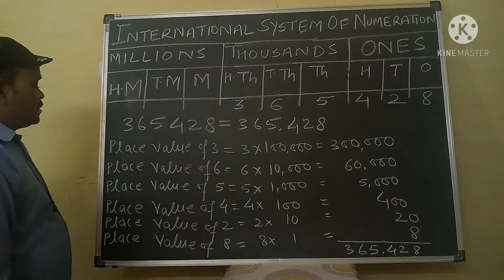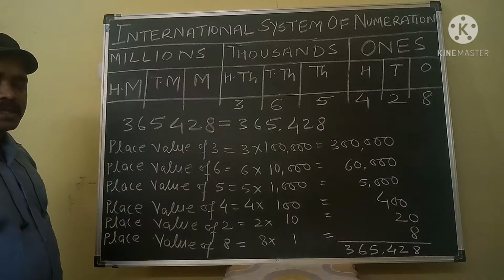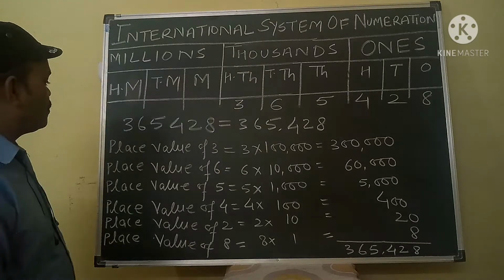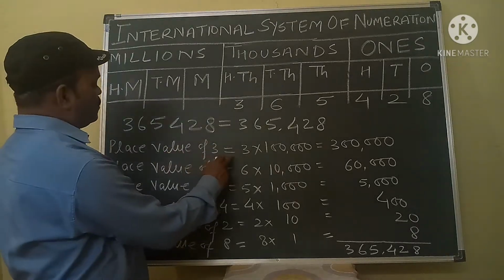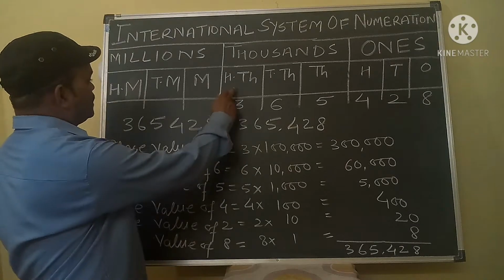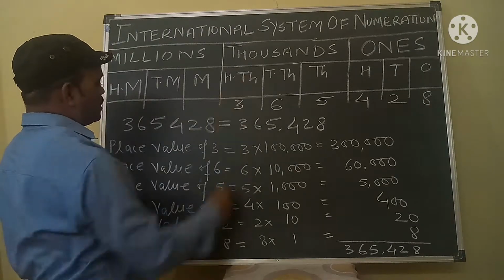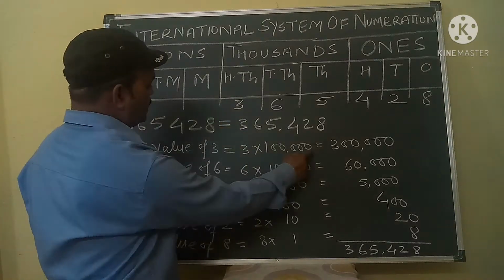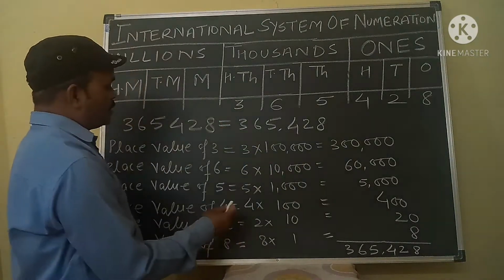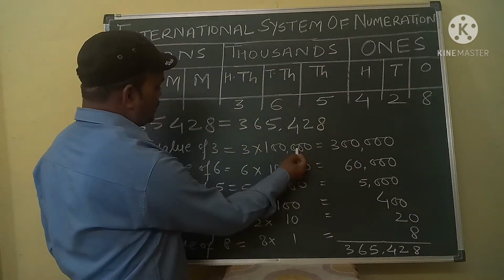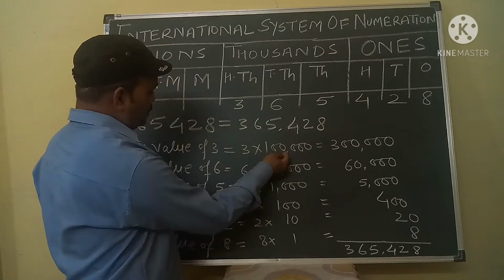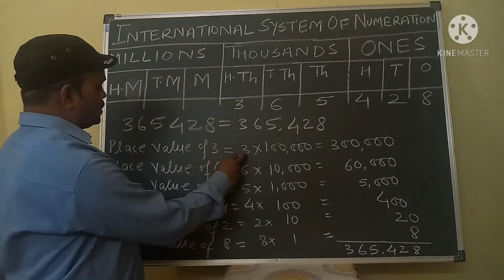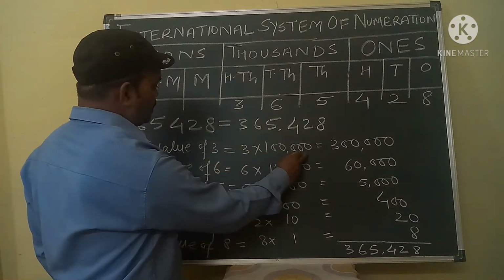Okay. So first we will discuss the place value of 3. 3 is in which place? 100,000. So 3 multiplied by 100,000. Place value of 3 is 3 into 100,000.